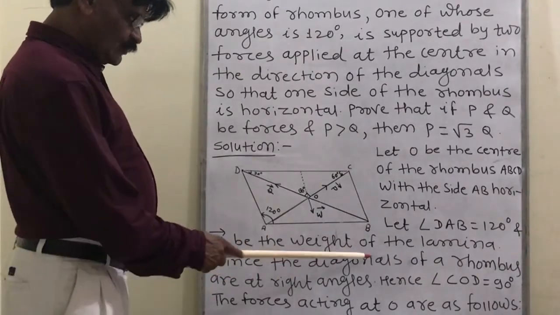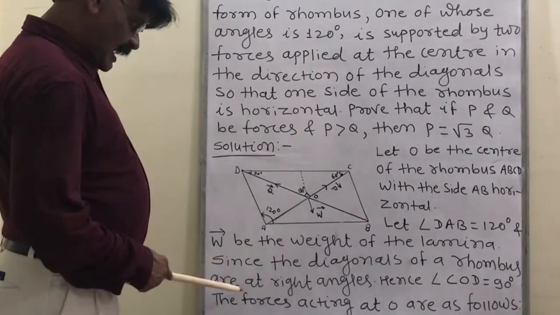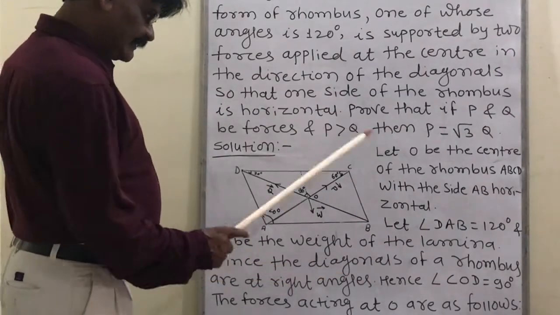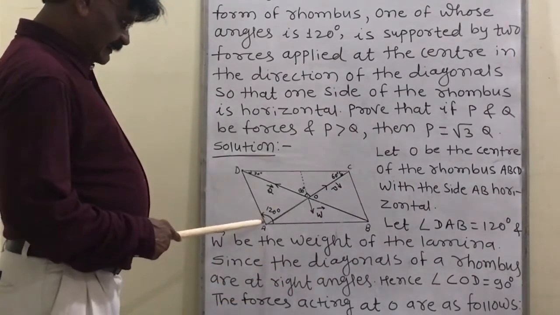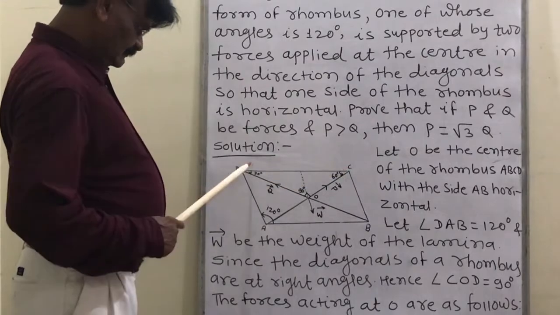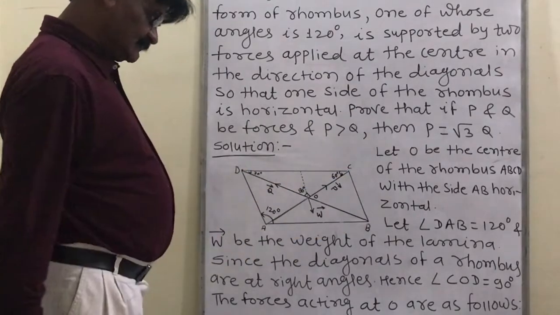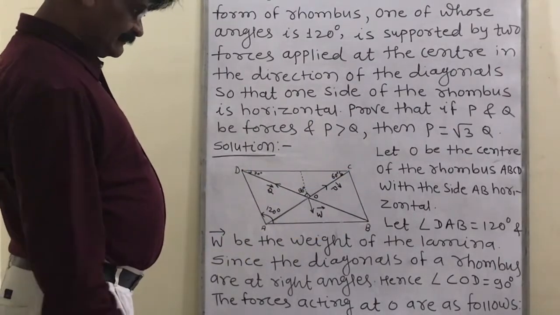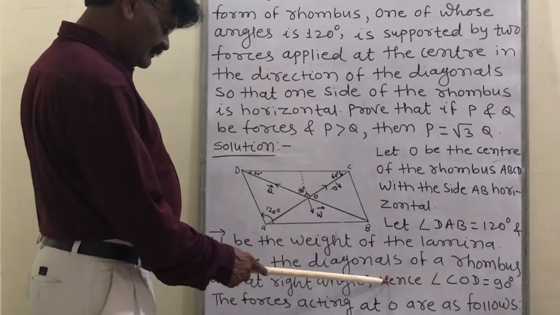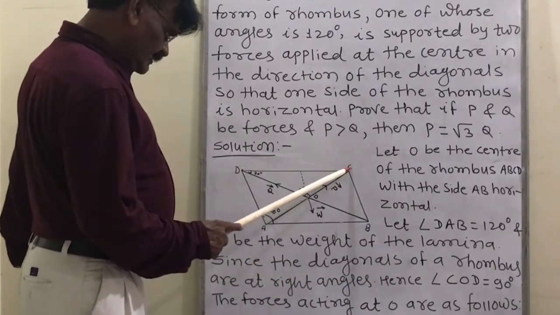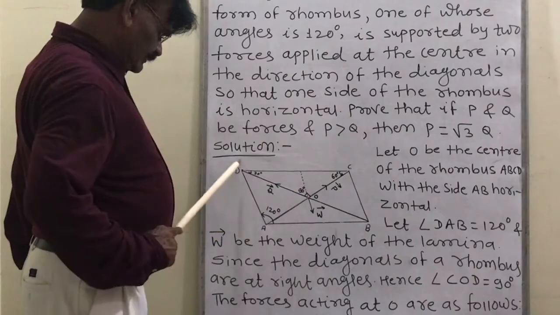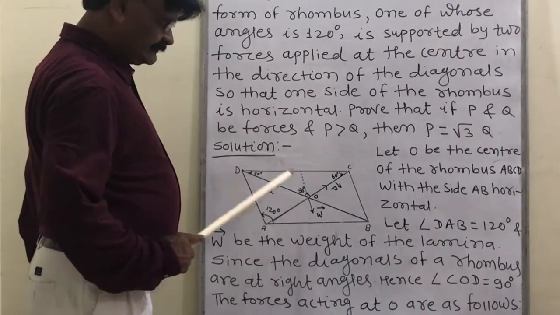Since the diagonals of a rhombus are at right angles, angle COD is 90 degrees.